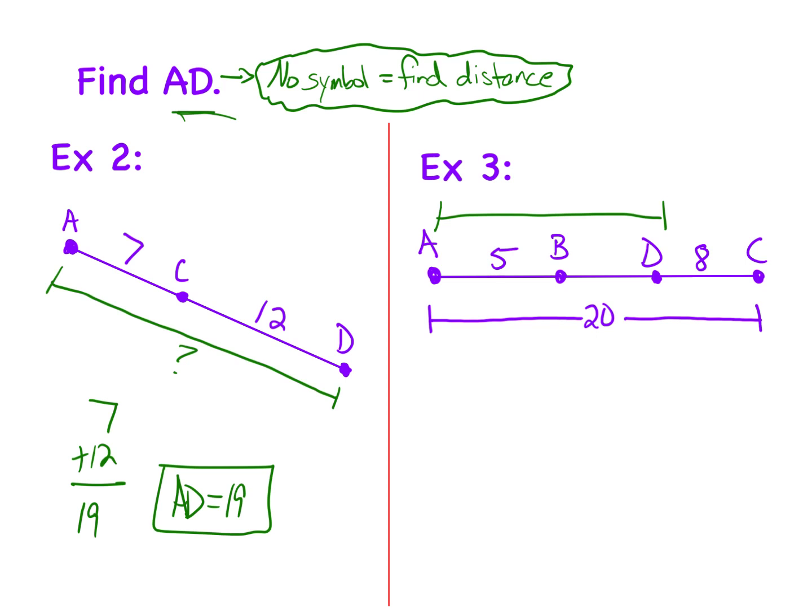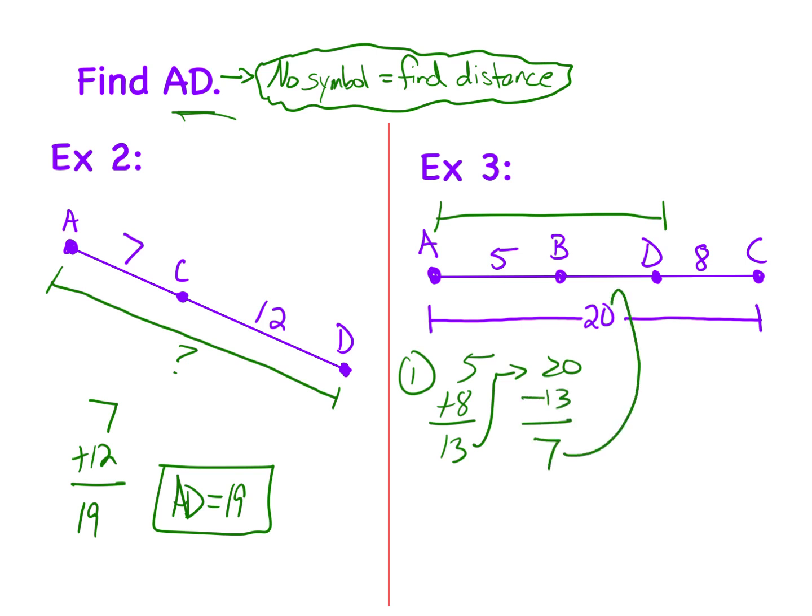Well, you have to find the 7 first, right? The total we know is 20, all the way across. So I can add the 5 and the 8, and that gives me 13. Then you do 20 minus the 13, and what do you get? 7. So I know that BD is 7.